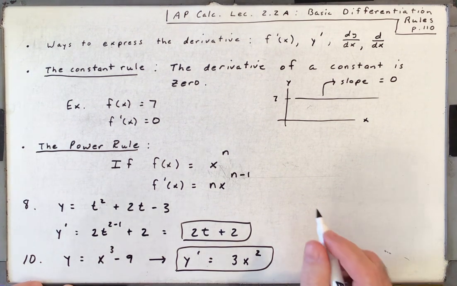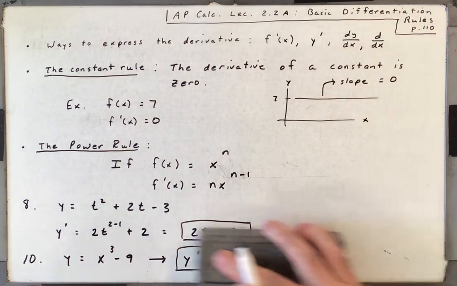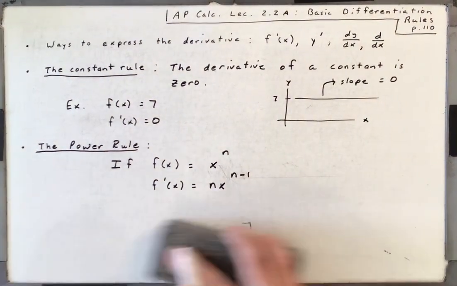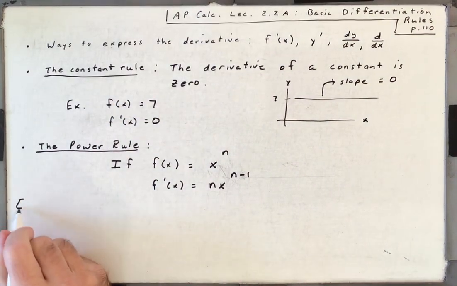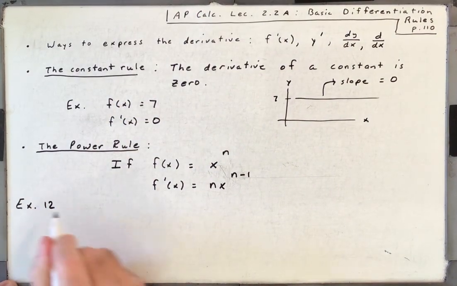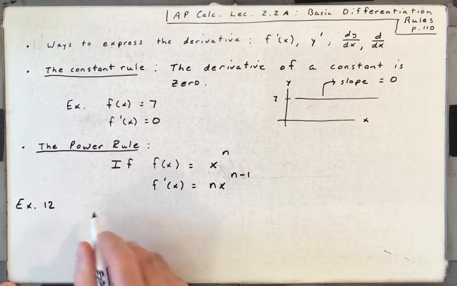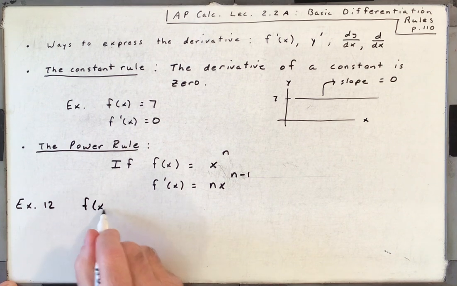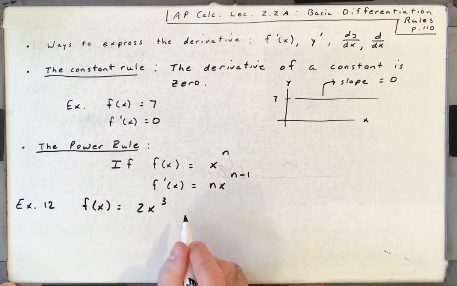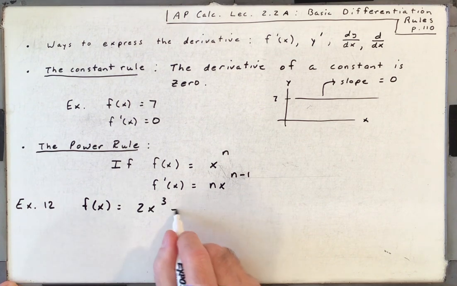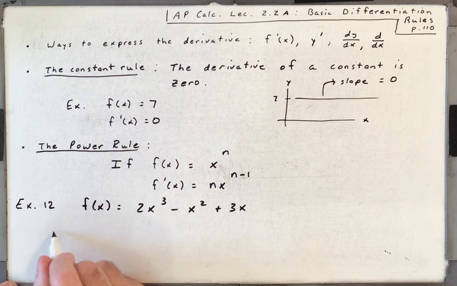All right, number 12. We'll go ahead and erase these. So 12, we have f of x is 2x cubed minus x squared plus 3x. Okay, this is a good one.